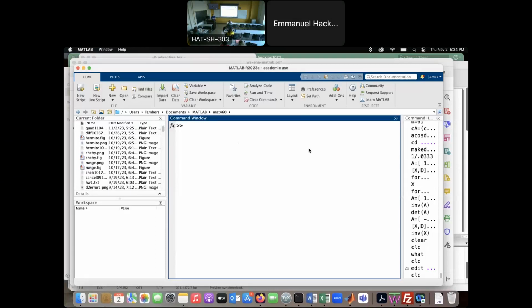So a MATLAB demonstration based on material from last time about Newton-Cotes rules. Basically, I'm going to show you why Newton-Cotes rules are only useful to a point, and we need to do something beyond that for more effective numerical integration.